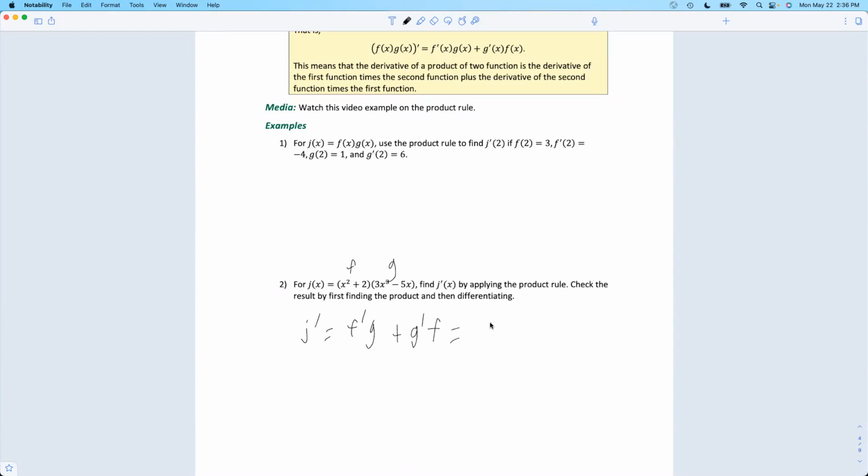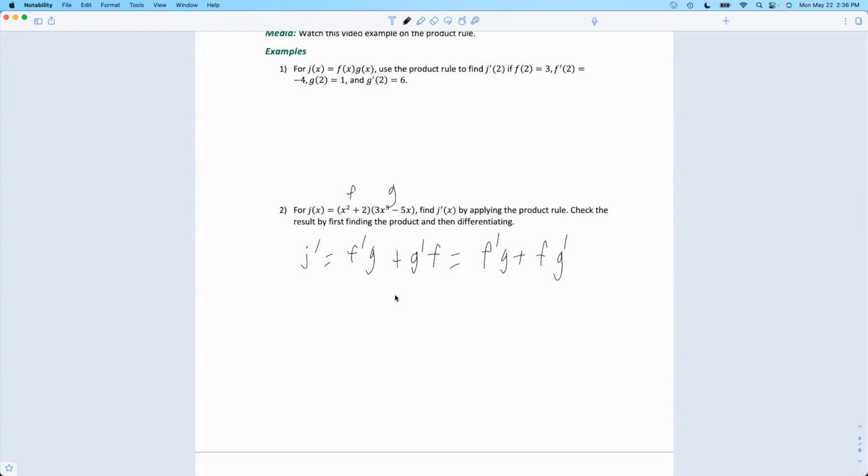Or again, I could have done it like this: derivative of the first times the second, plus leave the first alone times the derivative of the second. You got to memorize this. I'll use this version. So let's write these out separately.